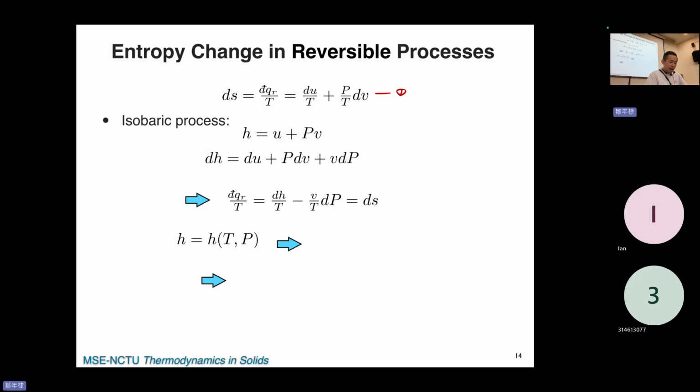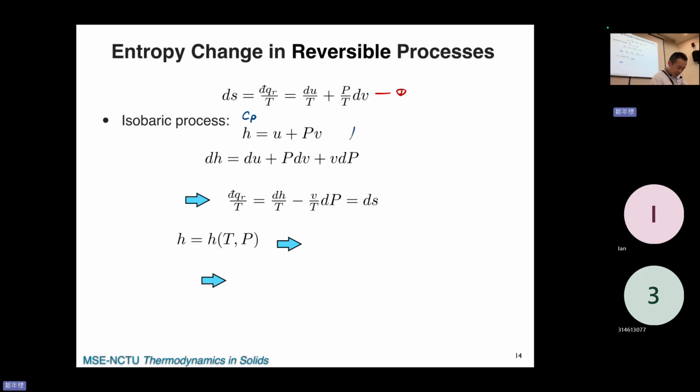Now for the isobaric process only, it will be related to CP. The previous one we related to CV; here, isobaric, of course, you need to use the heat capacity measured at constant pressure. And what is CP related to? H, right?